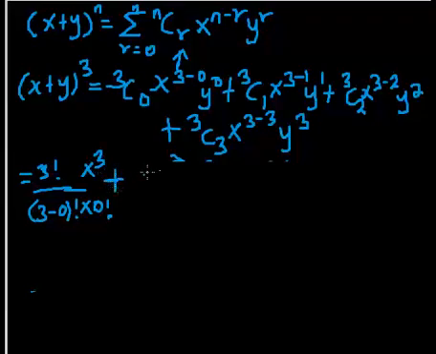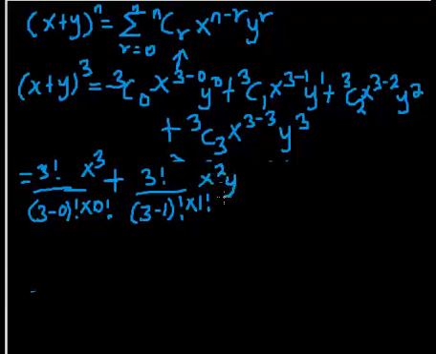The next is 3 combination 1, that is 3 factorial divided by 3 minus 1 factorial, then times 1 factorial. Then of course that will be x raised to the power 3 minus 1, that is 2, y raised to the power 1, which is y.